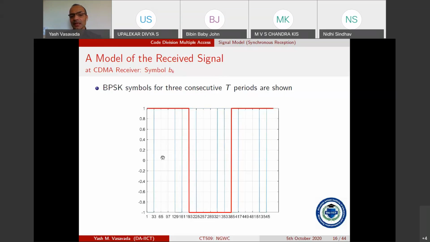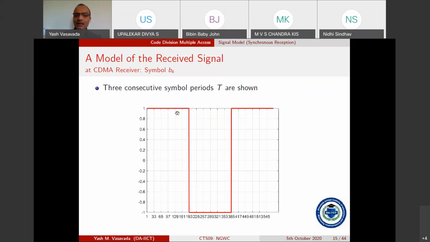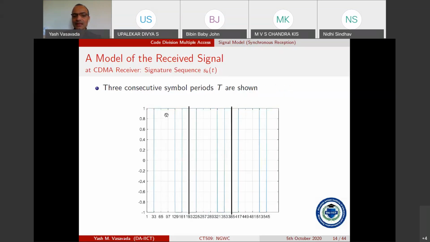But at the base station, we will be getting such transmissions from all capital K users. The only difference between the transmissions of different users is, first of all, that these B of k's will be different because different users are generating the symbols independently. The second difference is that as system designers, we would assign different signature sequences, different patterns of this Sk, to different transmitters.